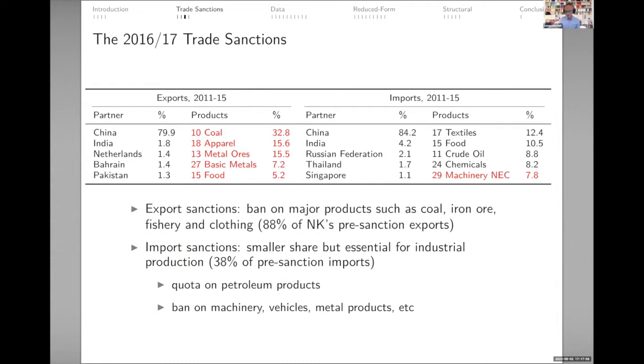But the sectors that were sanctioned were more essential for North Korea's industrial production. Later we'll see that if we look at the industry level sanctions, the sectors that were sanctioned were mostly important for North Korea's capacity for industrial production.